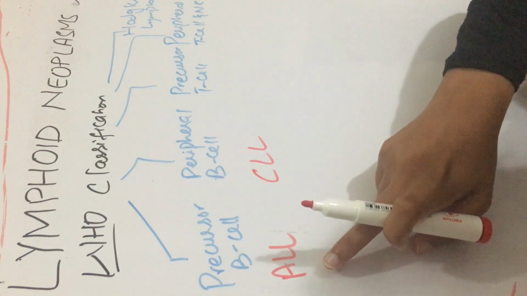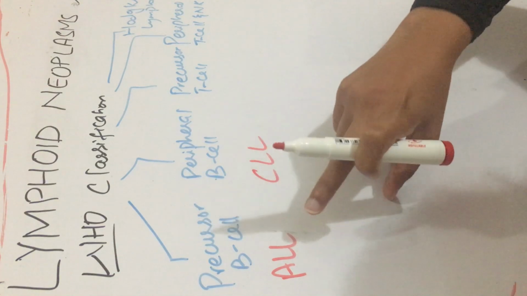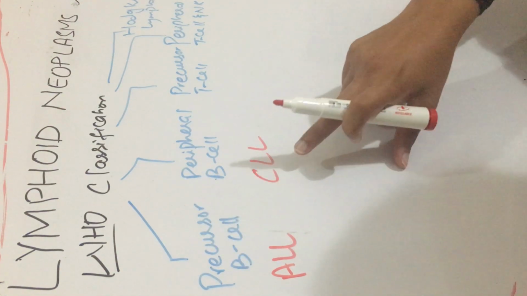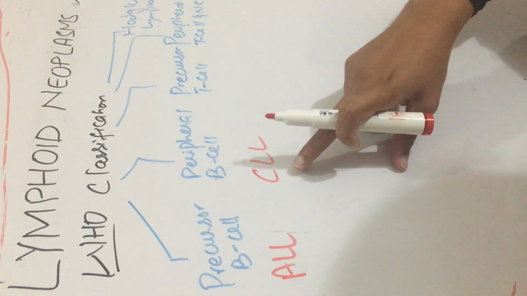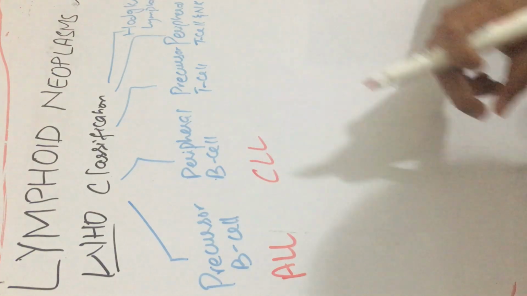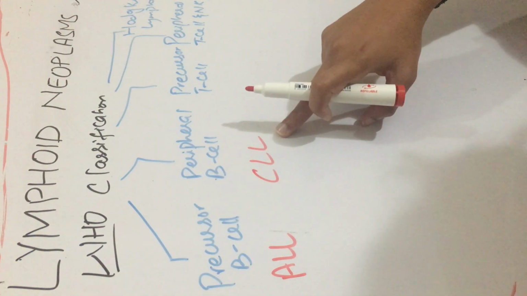Because the first is the precursor, there would be mainly lymphoblasts, so acute lymphoblastic leukemia. Whereas in peripheral B cell neoplasm, it is chronic and it would be lymphocytic, much more differentiated: chronic lymphocytic leukemia.